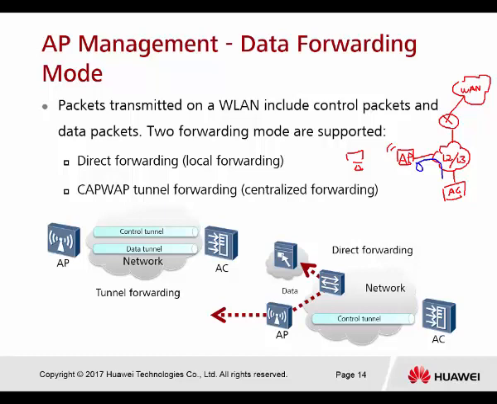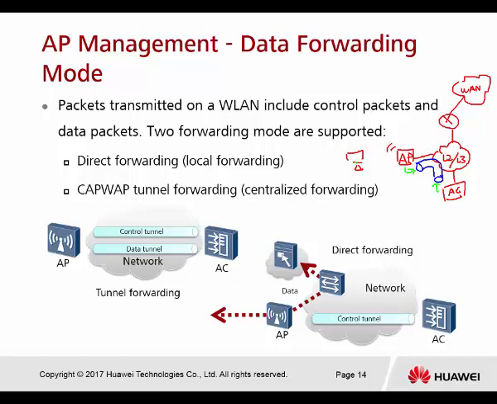After the AP associates with the controller, they'll form the CAPWAP tunnel. So this is a CAPWAP tunnel. AP and controller must always use the CAPWAP tunnel to exchange information. This is happening between the AC and the AP. They have no other option.